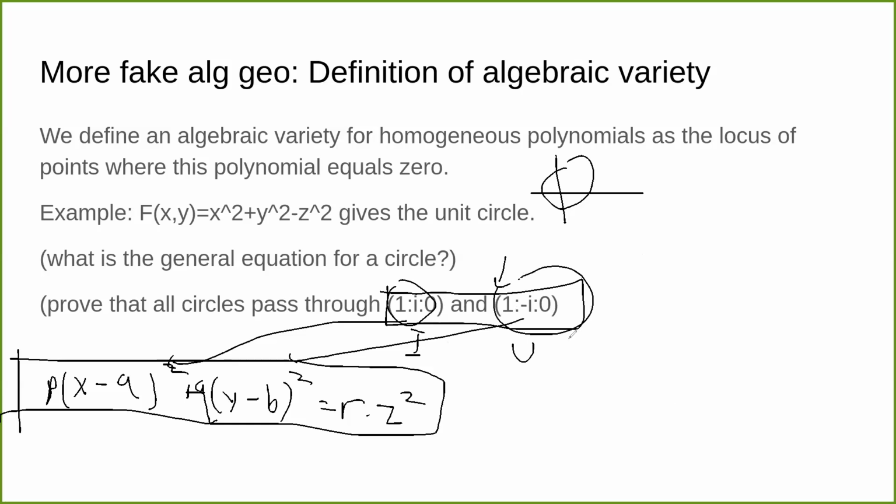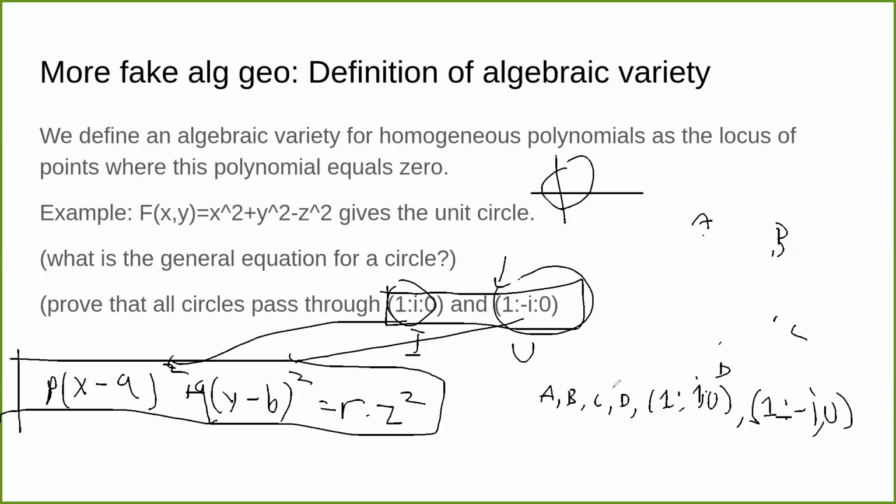So you can define 4 points A, B, C, D being concyclic as these 4 points and these 2 points, 1, i, 0 and 1, negative i, 0, as these 6 points lying on one conic.